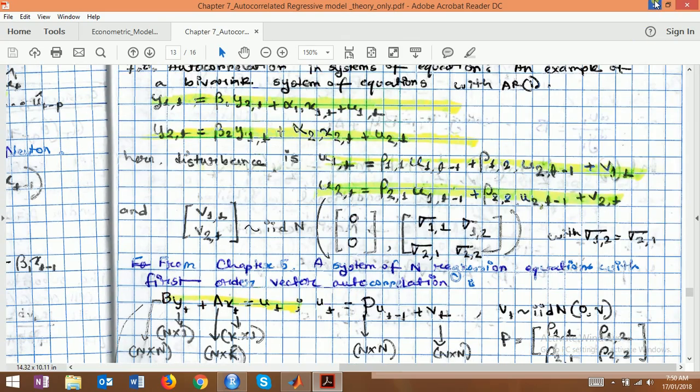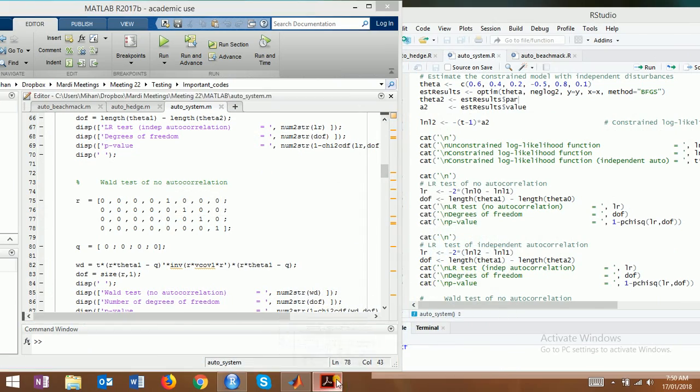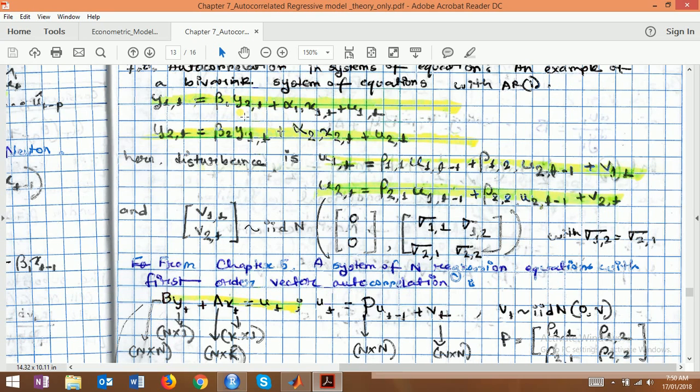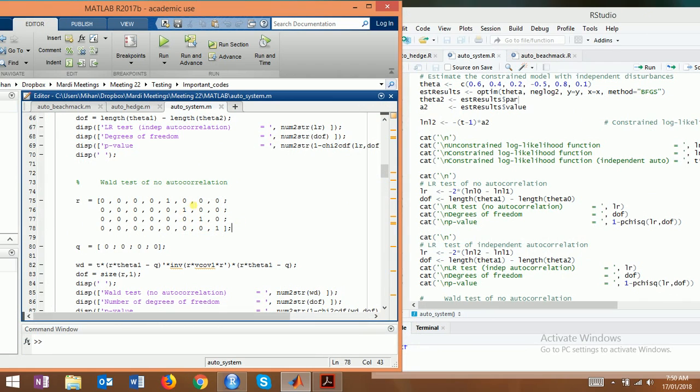Because there is y2 and there are lags, that will be multiplied to give the number of correlations. So 0 0 0 1 first, these are not the lags, these are parameters themselves, then come the lags and 1.